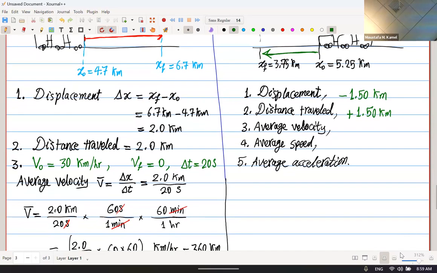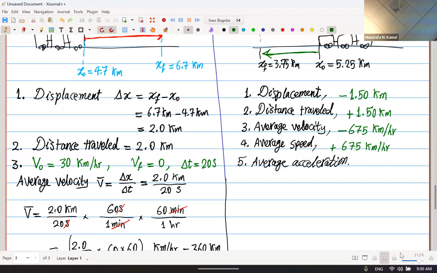Average velocity in that case is just dividing displacement by the time interval taken, and that will be negative as well. This is negative 675 kilometer per hour. Okay, is that what you guys got? Okay, then average speed is positive 675 kilometer per hour.